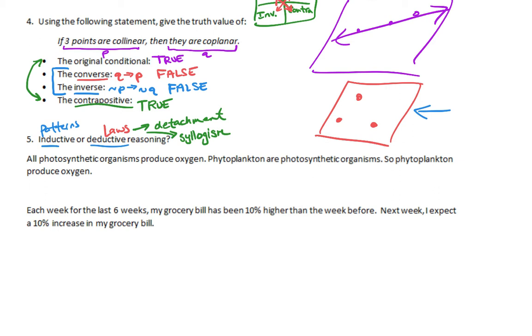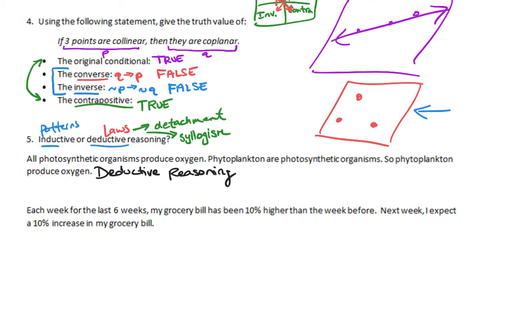All photosynthetic organisms produce oxygen. Okay. Phytoplankton are photosynthetic organisms, so they produce oxygen. Cool. Well, that's going to be one of our laws. So therefore, that's going to be deductive reasoning. Let's talk about which law.